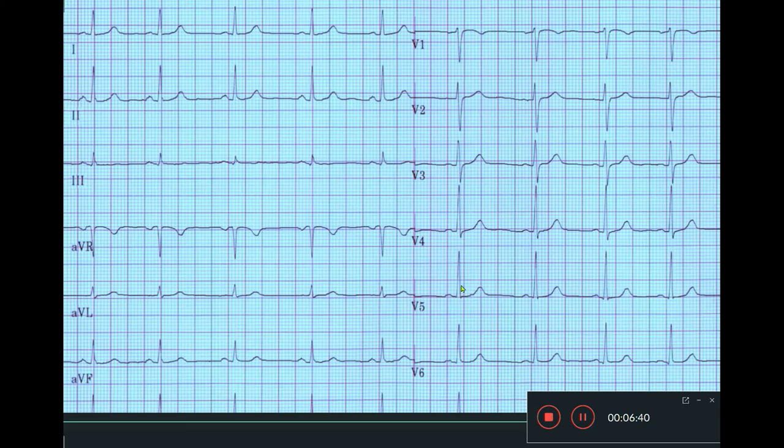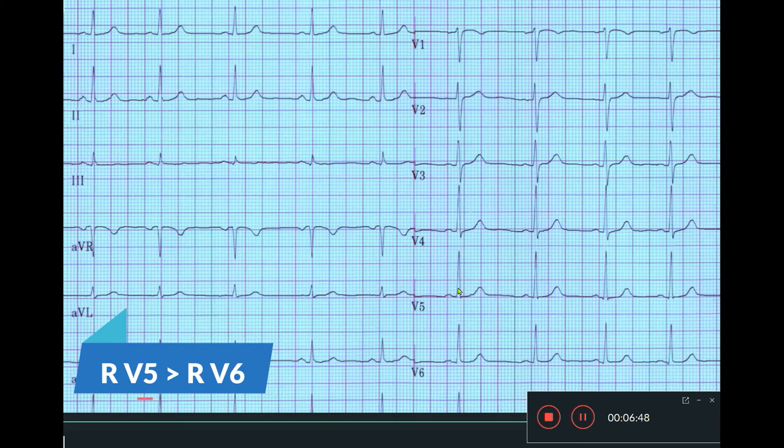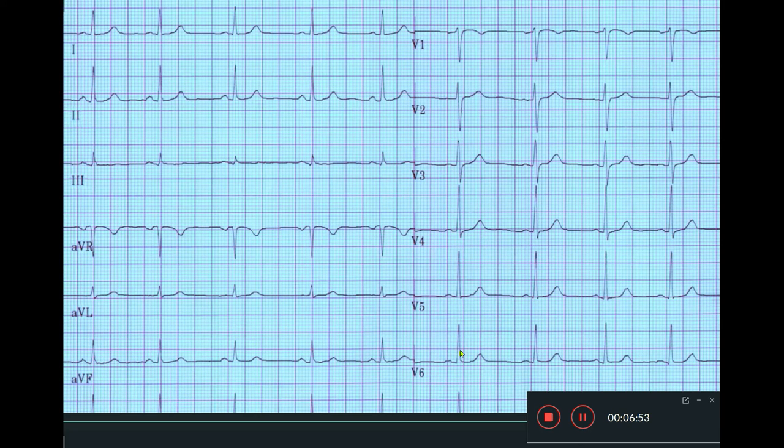Then R is further tall, and R is the tallest in V5 normally, and in V6 R is tall but not as tall as in V5. So the progression of R waves from V1 to V6 is normal. Rate, rhythm, axis are normal because this is a normal ECG. We are starting with the normal ECG.